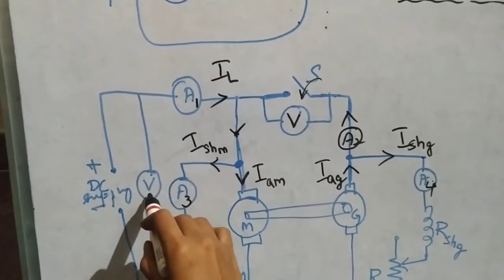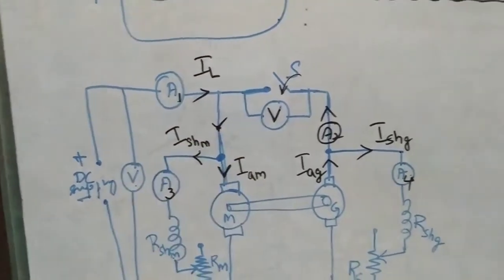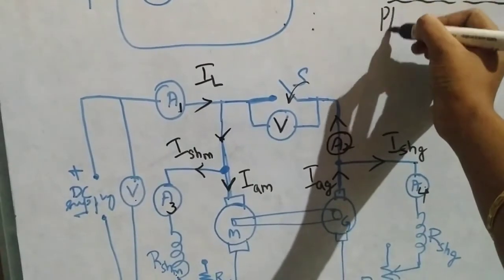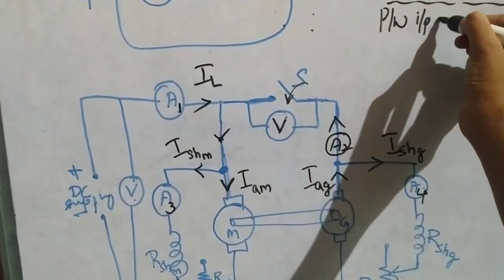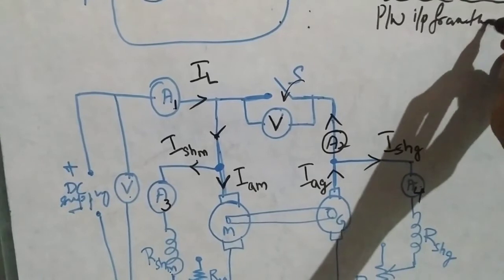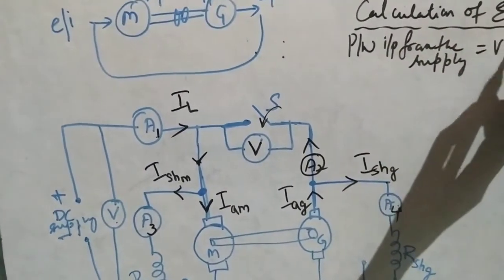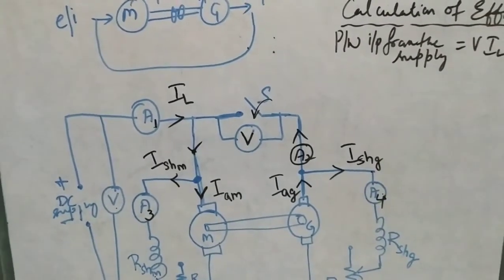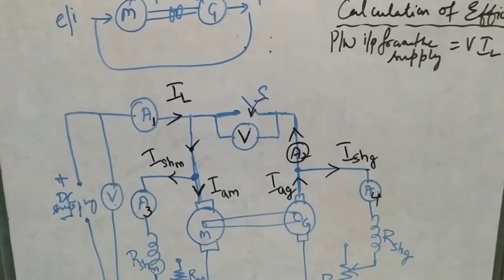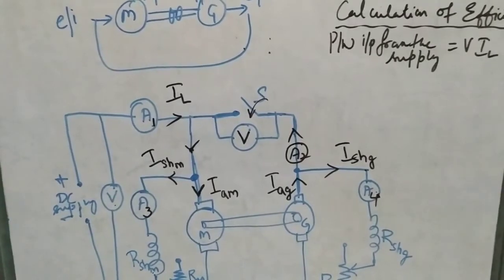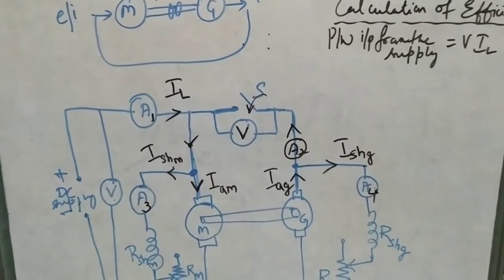Power is nothing but the product of voltage and current. So power input from the supply will be equal to V into IL, which can be equal to the total losses of both the machines.